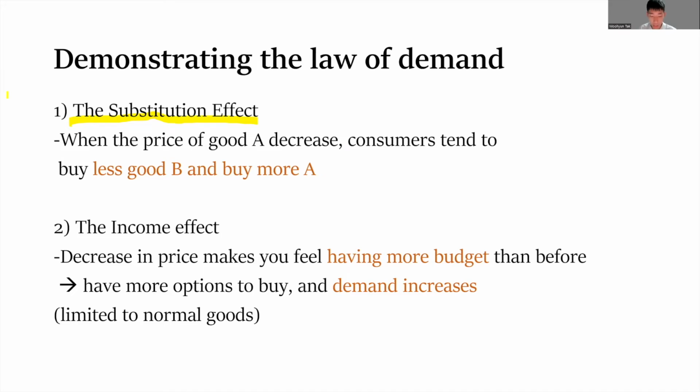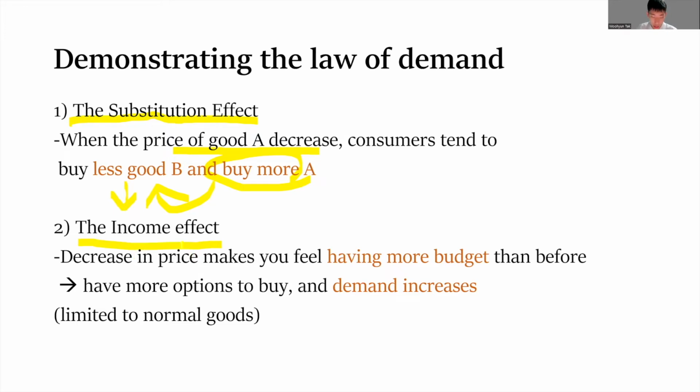If the price of apples rises by $5, we would probably purchase more oranges instead of apples because it gives us more satisfaction with lower costs. So when the price of good A decreases, consumers tend to buy more of that, and therefore the demand for a substitute good decreases.